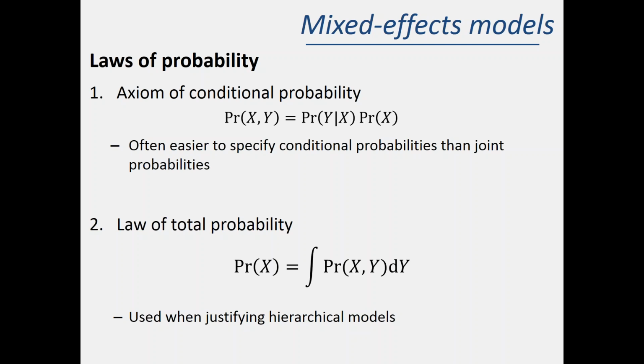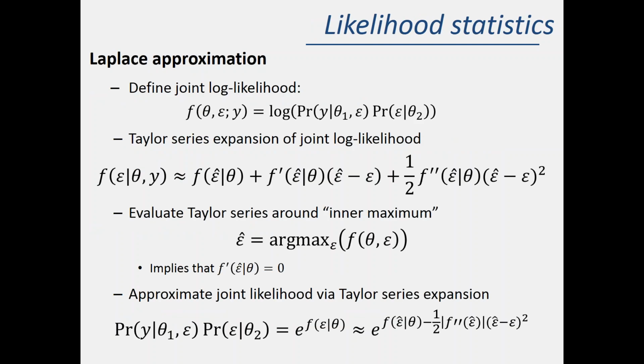And then the law of total probability is how you go from the joint back to a marginal by integrating across some other stuff. Those two rules are all you need to derive a marginal likelihood.